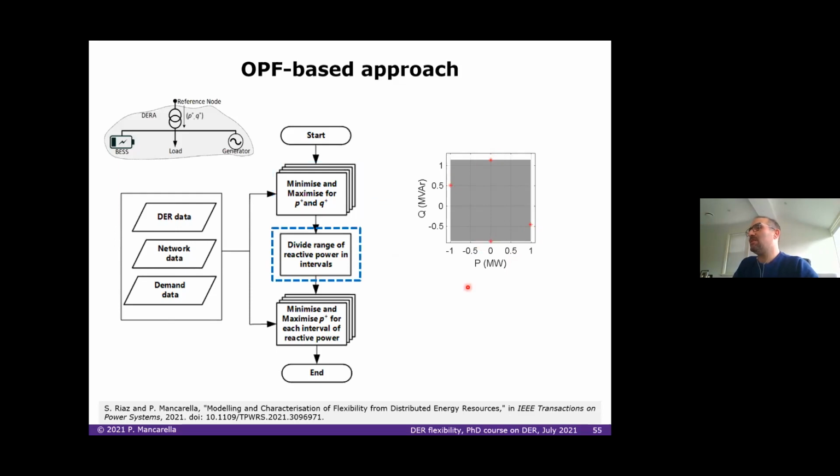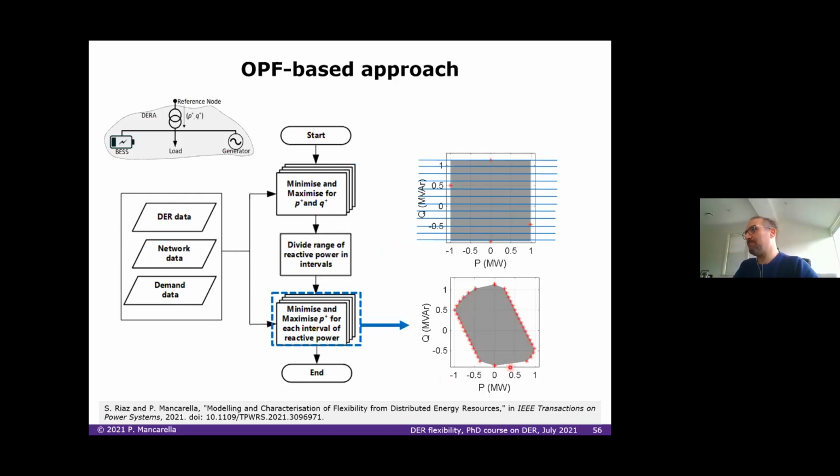And what you would do, once you have identified the range of variation of your aggregating map for the reactive power, is you basically slice the reactive power regions in different intervals. And then for each interval, you try to minimize and maximize the active power flows.